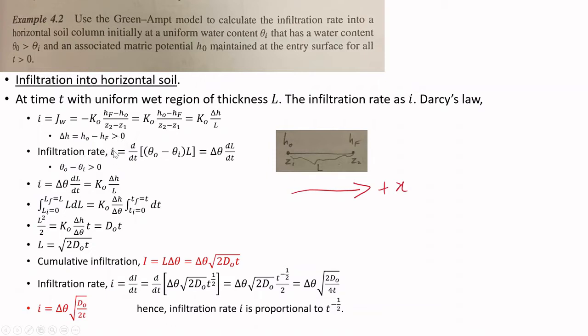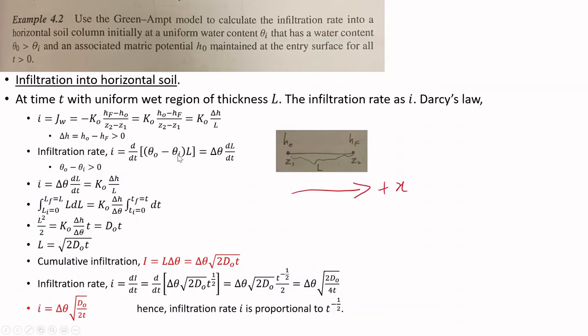So the infiltration rate I, as shown here, equals the derivative of the difference of water content. The water content at the entry point is theta naught, and the initially uniform water content in the soil is theta I. So theta naught minus theta I, in the bracket, you multiply by the length of the soil column, and then take the derivative.